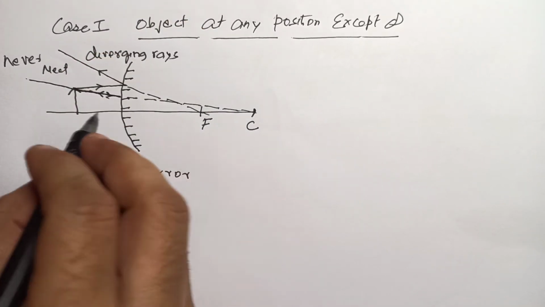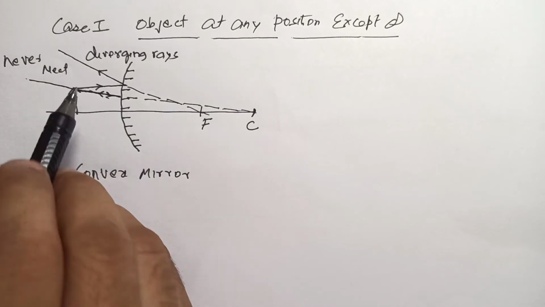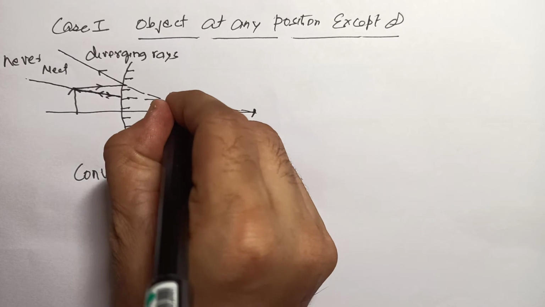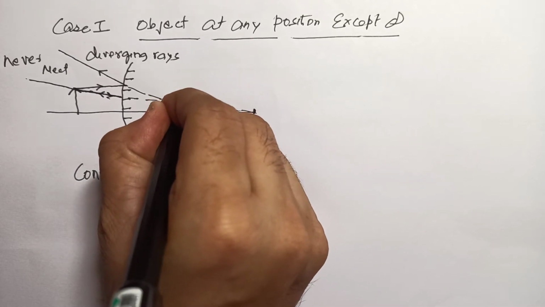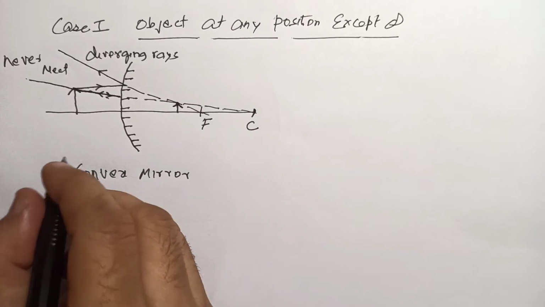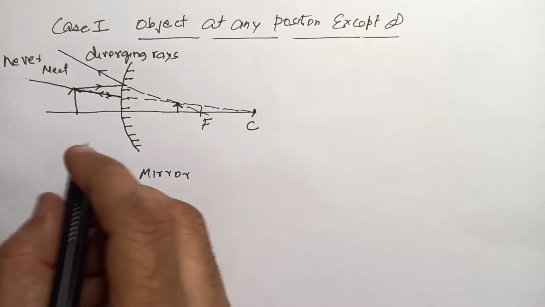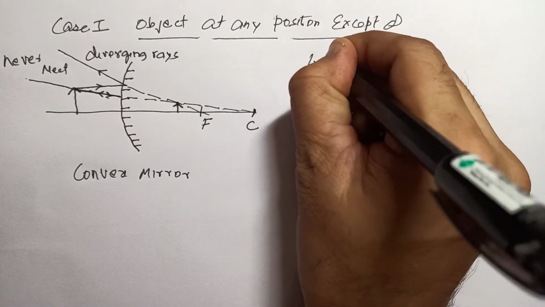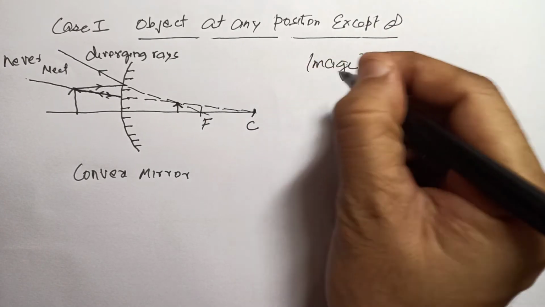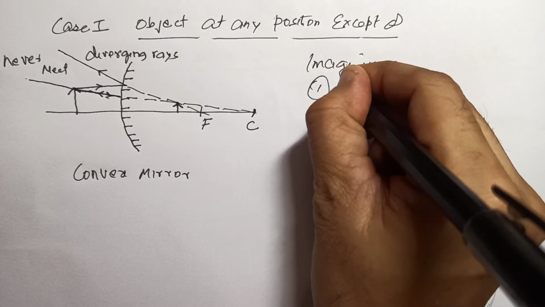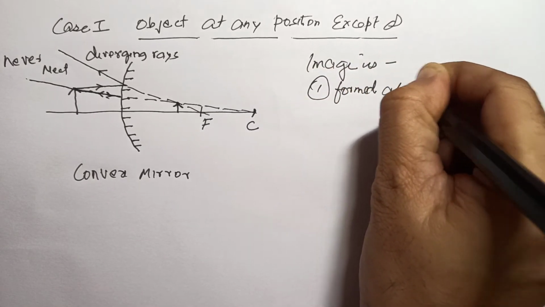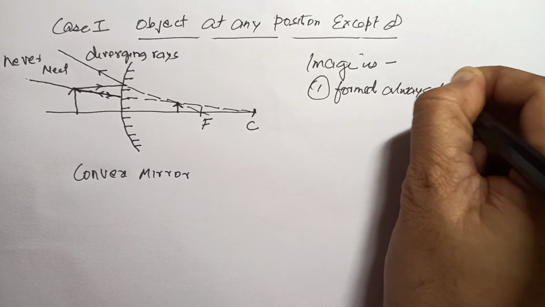Okay, but if I produce it backwards, then they will tend to meet somewhere here. Now the image in this case is formed always behind the mirror.